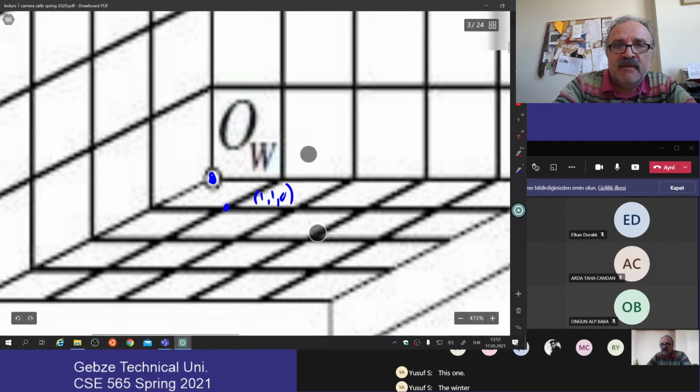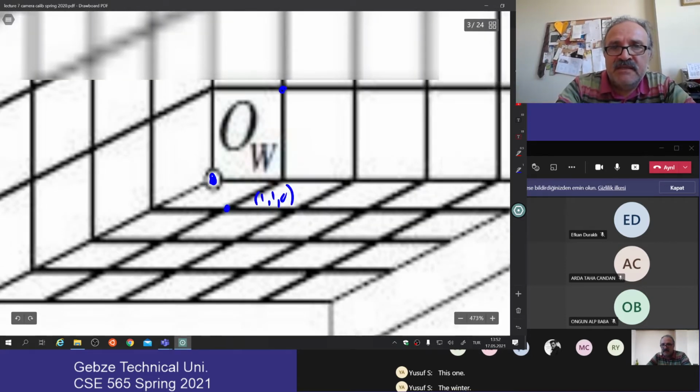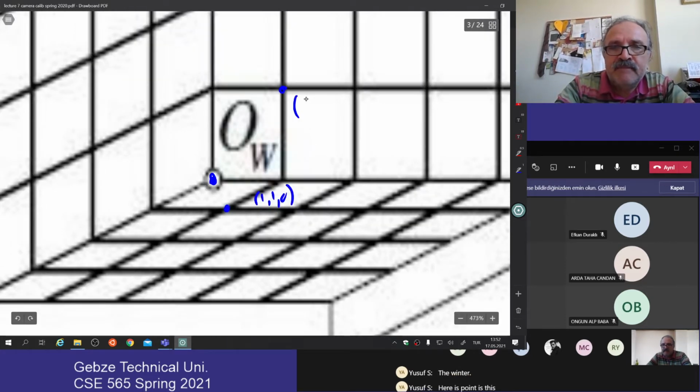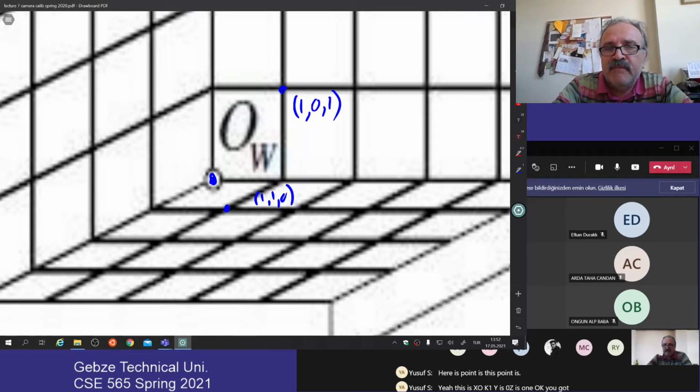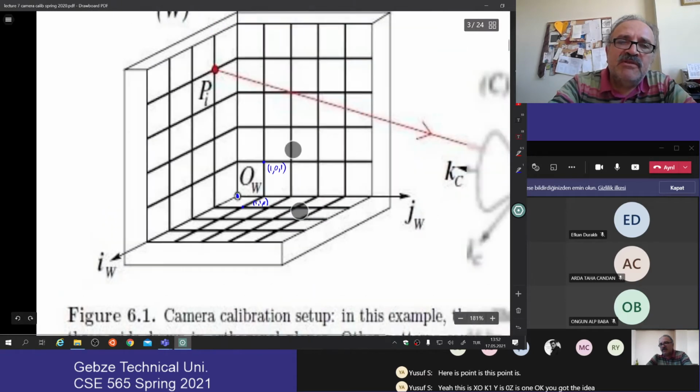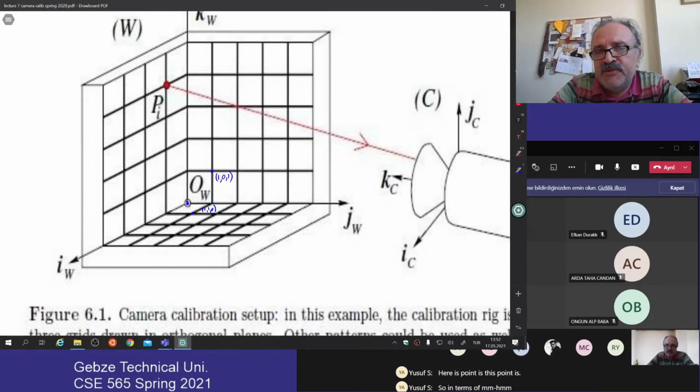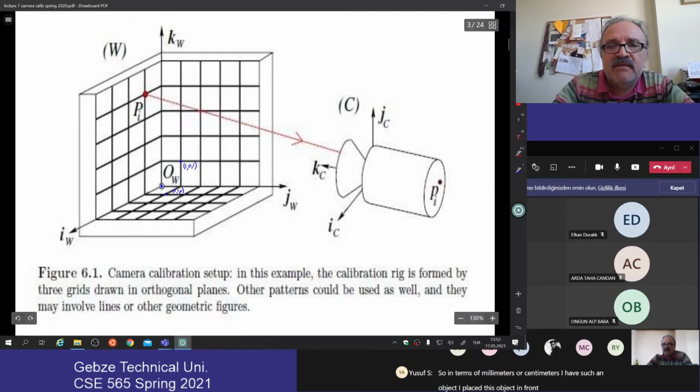And here, X is 1, Y is 0, Z is 1. Okay, you got the idea. So in terms of millimeters or centimeters, I have such an object. I place this object in front of my camera.